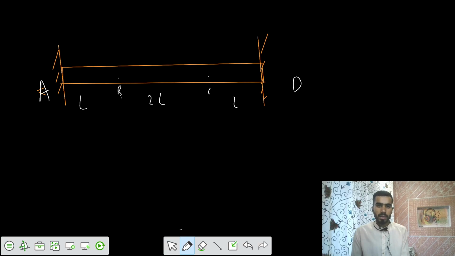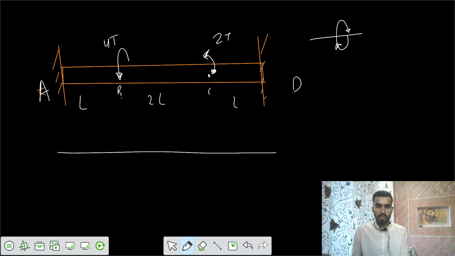Now you're applying a clockwise torque, that means in this fashion. So finally, you are applying a torque of 2T clockwise here, and at this point, you are applying 4T in the anti-clockwise direction. Let's make the line diagram now.